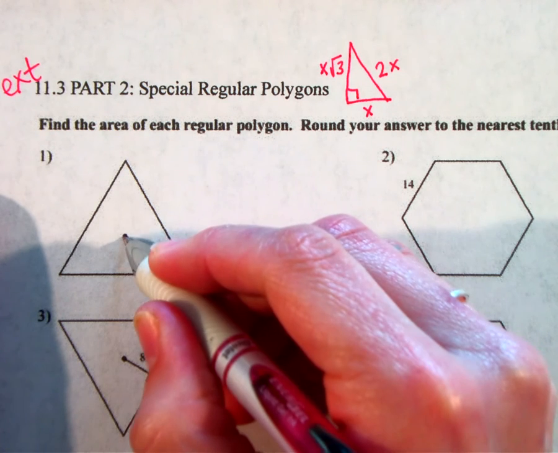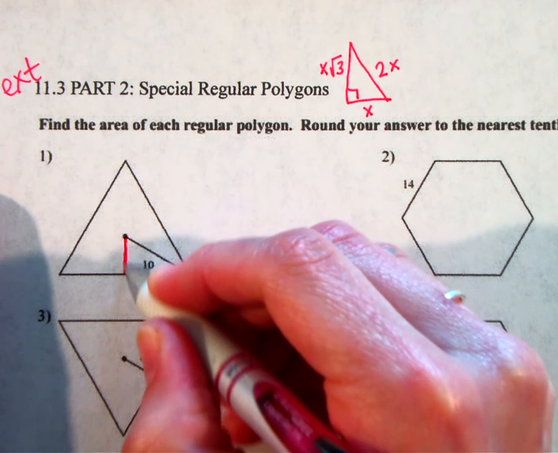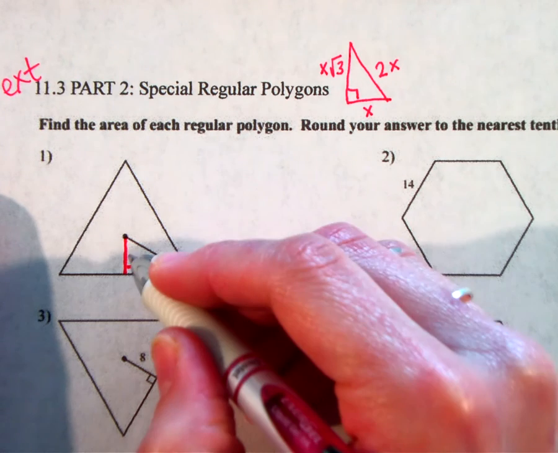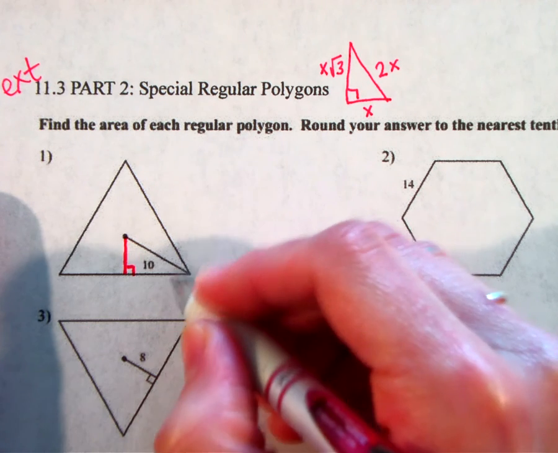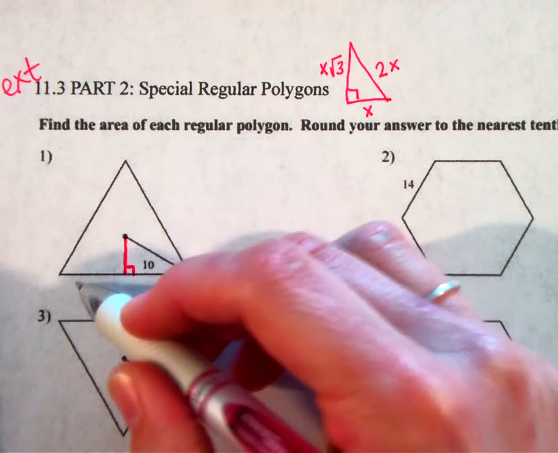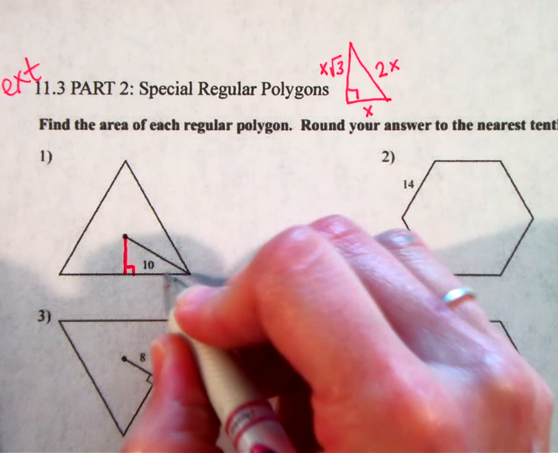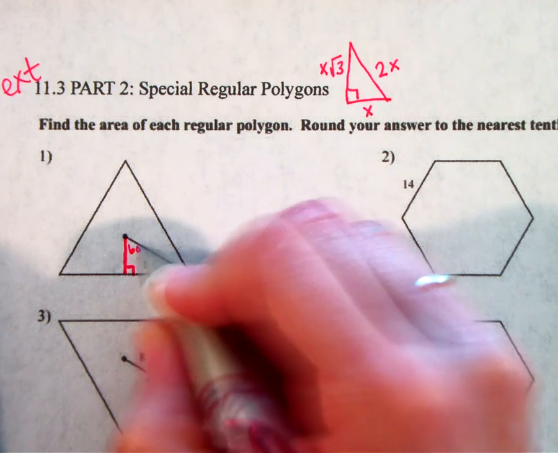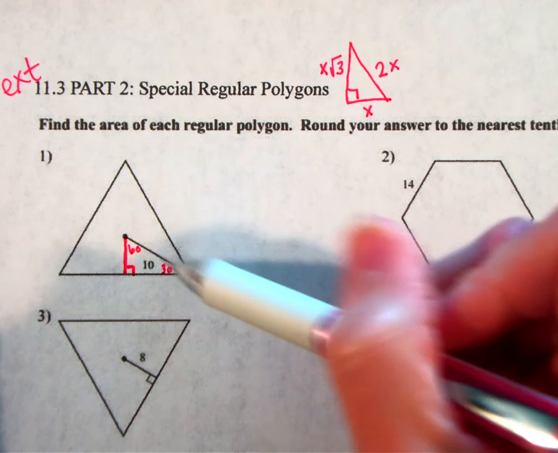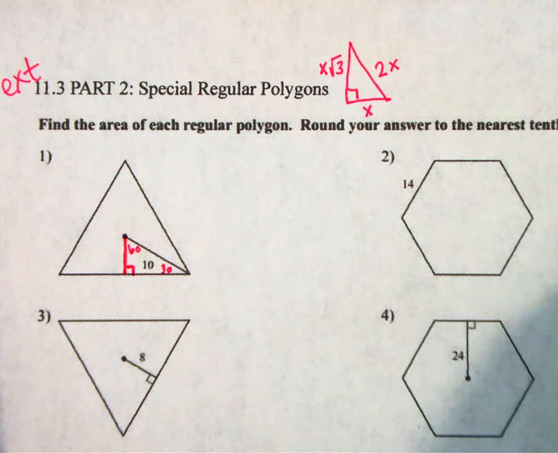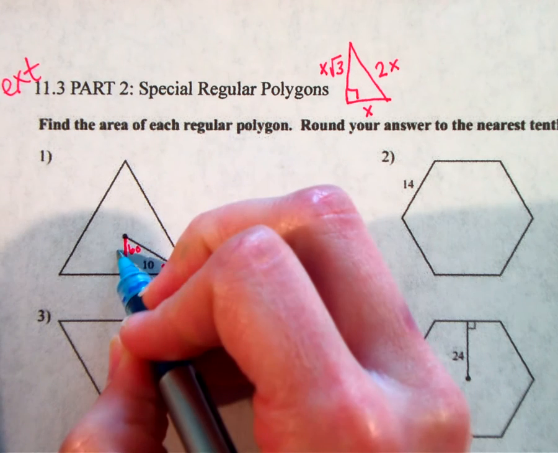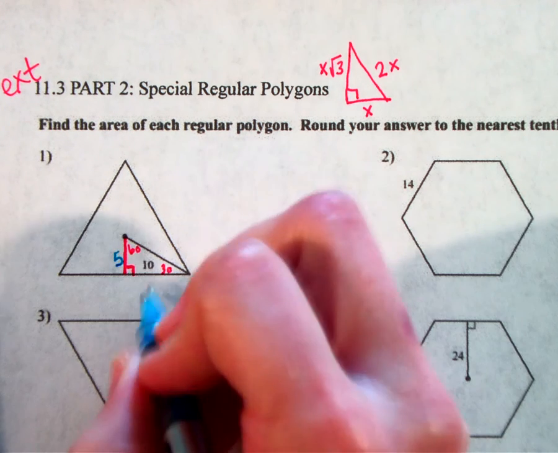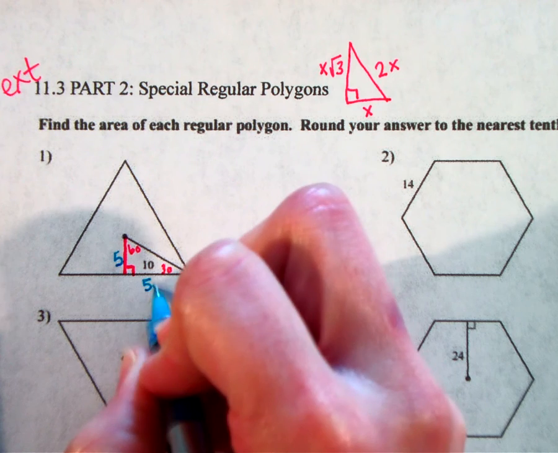If I drop this down here and you find that angle at the center, an equilateral triangle is a 60, 60, and 60, which makes these both 30, and then this would be your 60, and then your 90. If the hypotenuse is 10, then this short side here is 5, and then this is 5 radical 3.